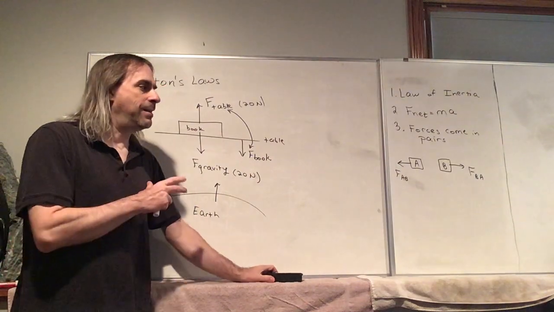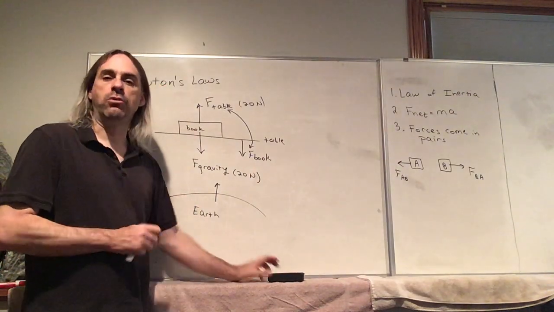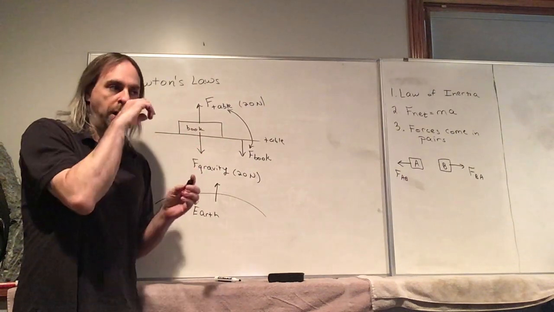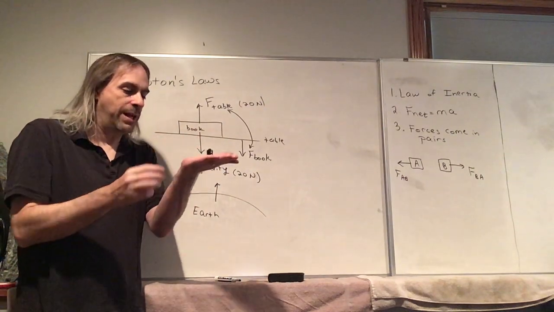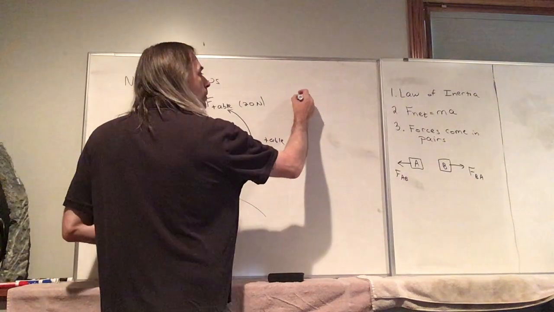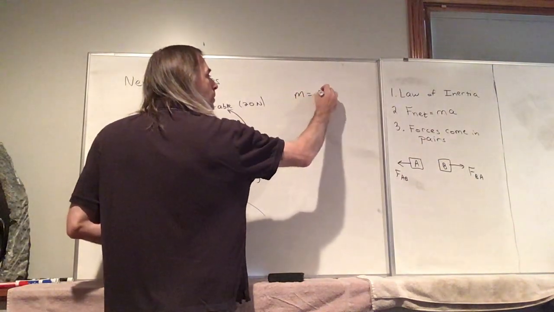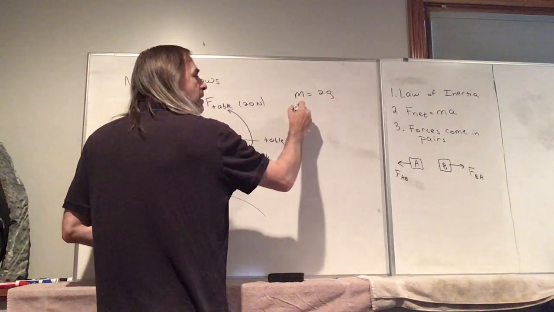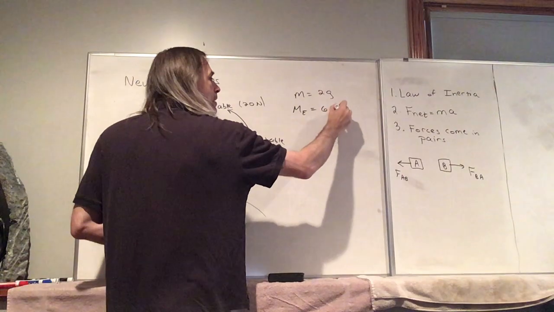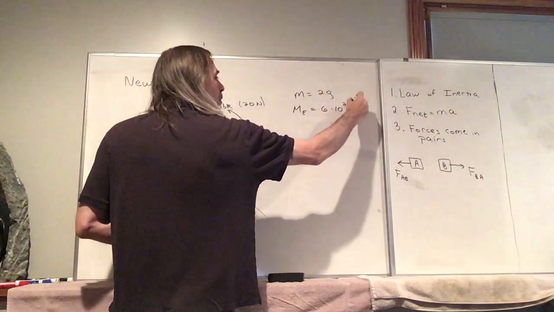And again, very non-intuitive. Let's take this cap here. This has a mass of, I'm going to say, like 2 grams. Now, the mass of the Earth is around 6 times 10 to the 27th power grams.